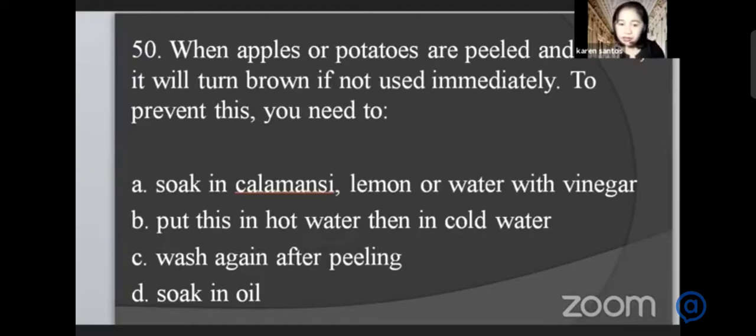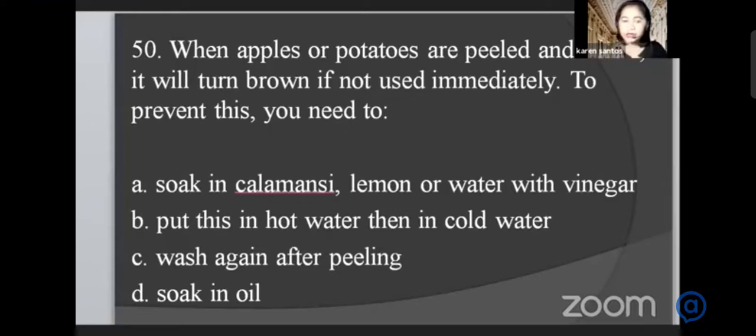So to prevent this, you need to: A, B, C, or D. Okay, so the correct answer is letter A. Soak it in calamansi, lemon, or water with vinegar.